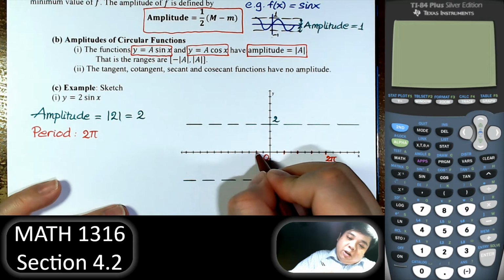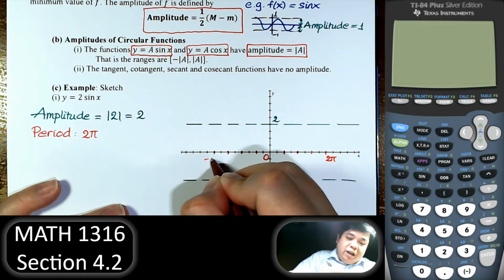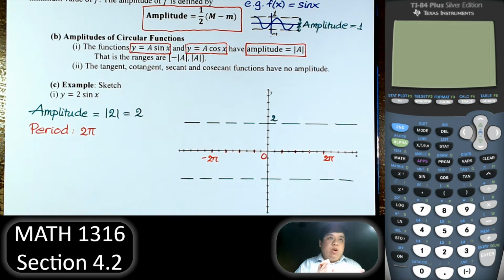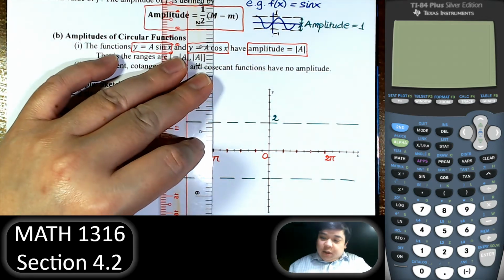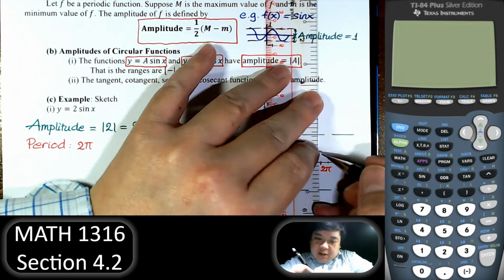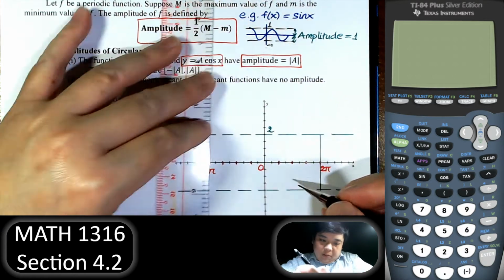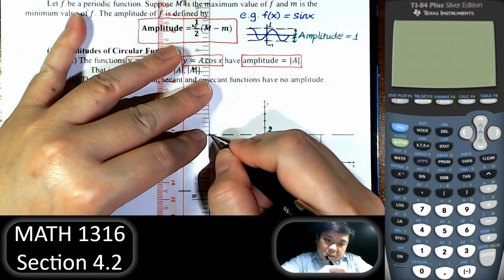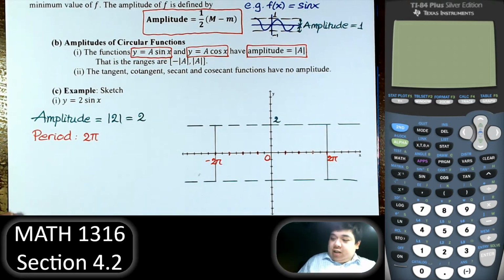On the other side, 1, 2, 3, and 4, negative 2 pi. So once we know the period, we divide that into 4 equal segments. So this gives us 1 period. And the rest is easy.